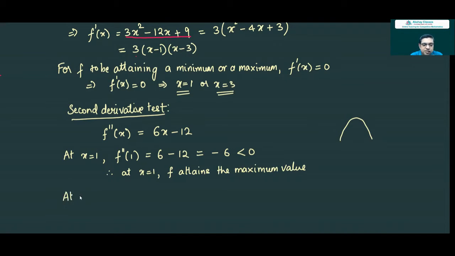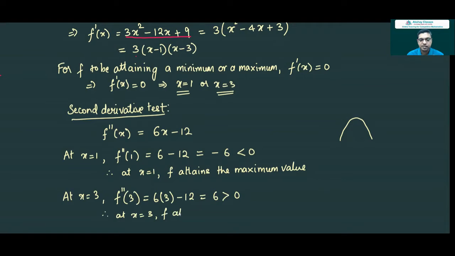Now, at x equal to 3, the second derivative will be 6 into 3 minus 12, that is 18 minus 12, which is plus 6. It is positive. Therefore, at x equal to 3, f attains the minimum value.